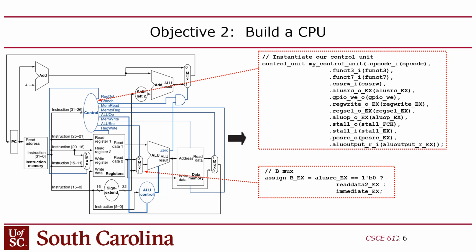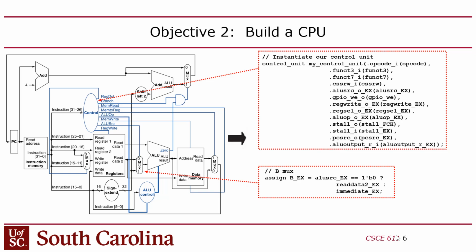So you've got a port that's coming out of the block on the left, and then on the right in parentheses is the wire in the design that you've instantiated in. So basically what's happening here is that you're connecting ports to wires, right? Each one of these lines of code is just connecting one of the inputs or outputs of the control unit to a wire that's in that design, right? And so we call that structural HDL. Structural HDL is when you're basically just creating a block diagram in HDL.